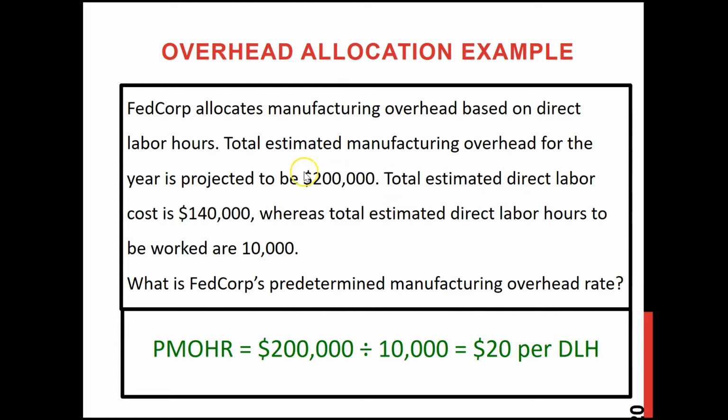So we take the total estimated manufacturing overhead cost divided by the total estimated labor hours, and by this division, you know that their predetermined manufacturing overhead rate is $20 per labor hour.